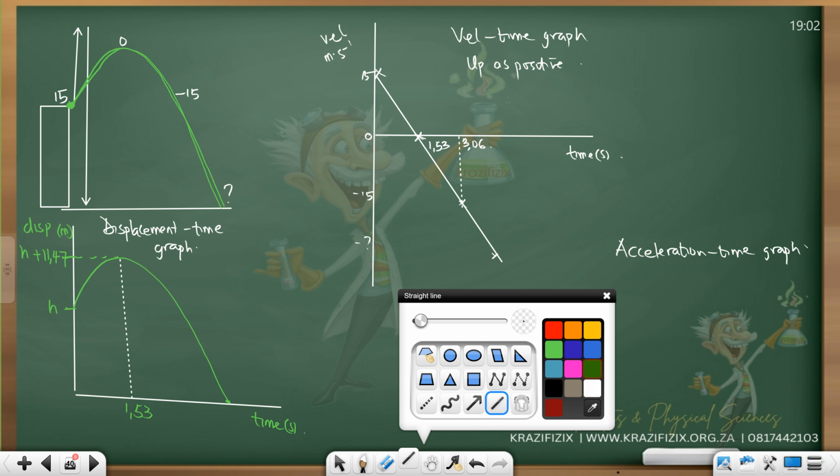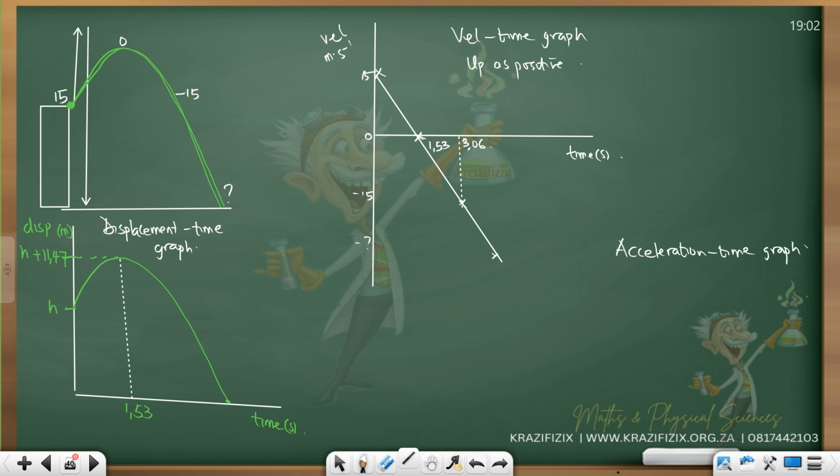What will it be like? We'll run now to another question. Acceleration in meters per second squared. Time in.